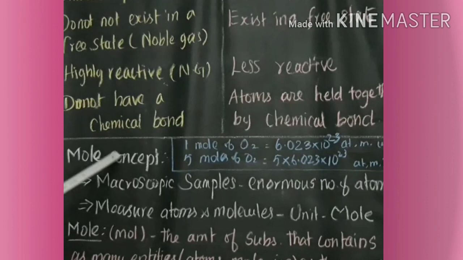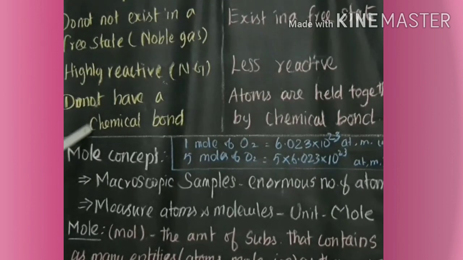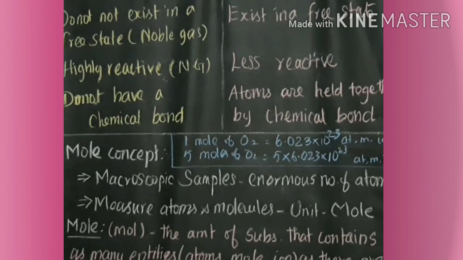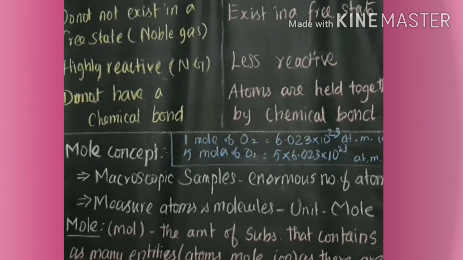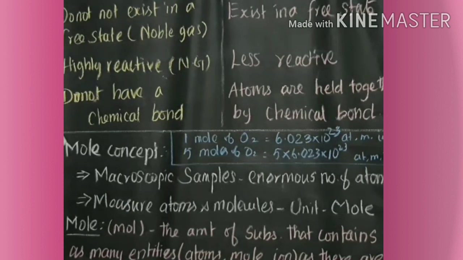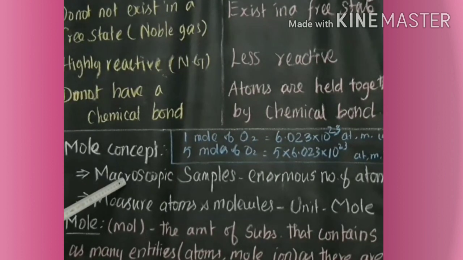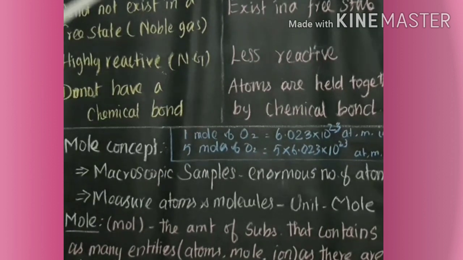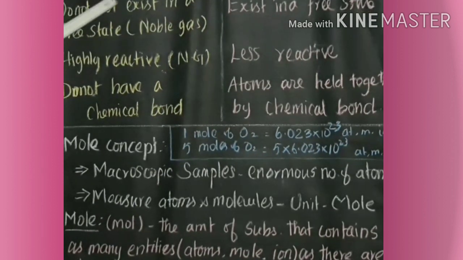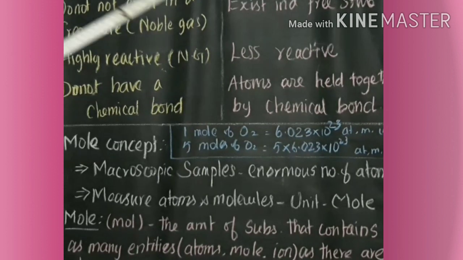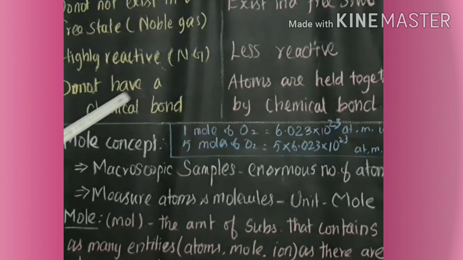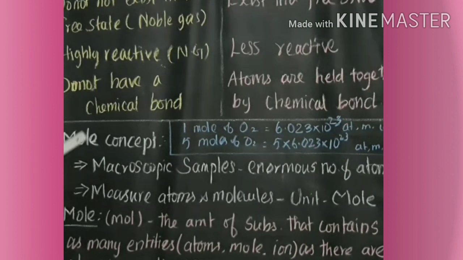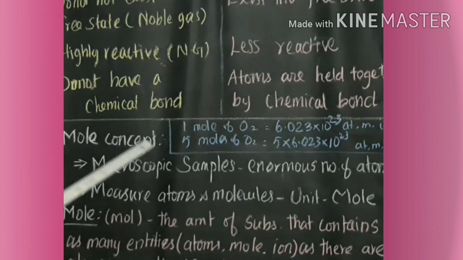What is the mole concept and why are we choosing this one? The mole concept is used to find the amount of atoms or number of particles present in macroscopic samples. What are macroscopic samples? Atoms and molecules are tiny. A single atom or single molecule is very small and we cannot see it with the naked eye, so they are called microscopic particles.